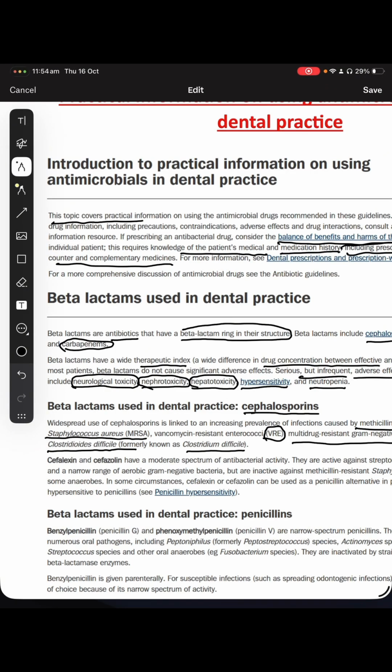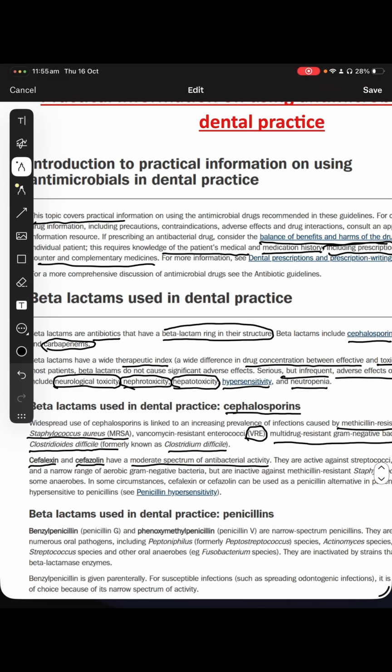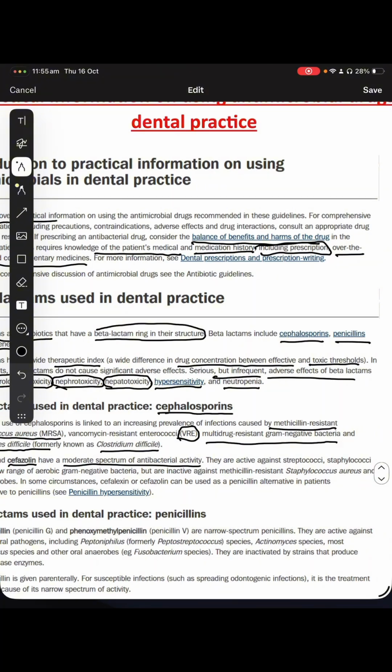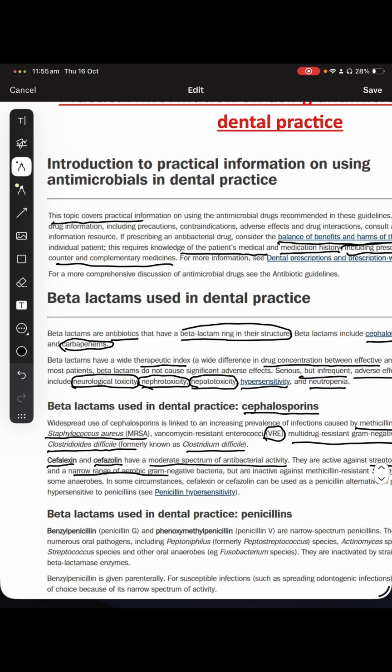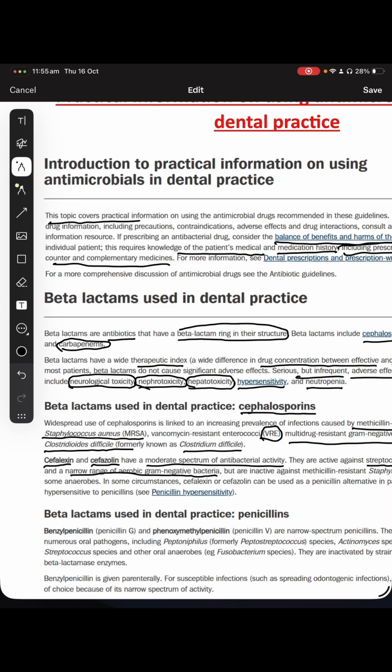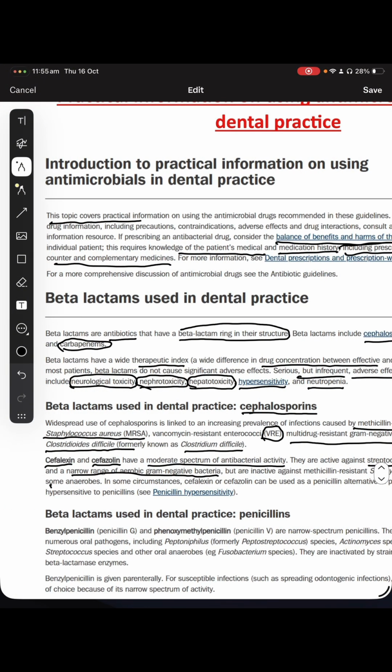All right. Now, cephalexin and cefazolin have a moderate spectrum of antibacterial activity. Both these drugs are active against streptococci, staphylococci, and a narrow range of aerobic gram-negative bacteria, but are inactive against methicillin-resistant Staph aureus and some anaerobes.